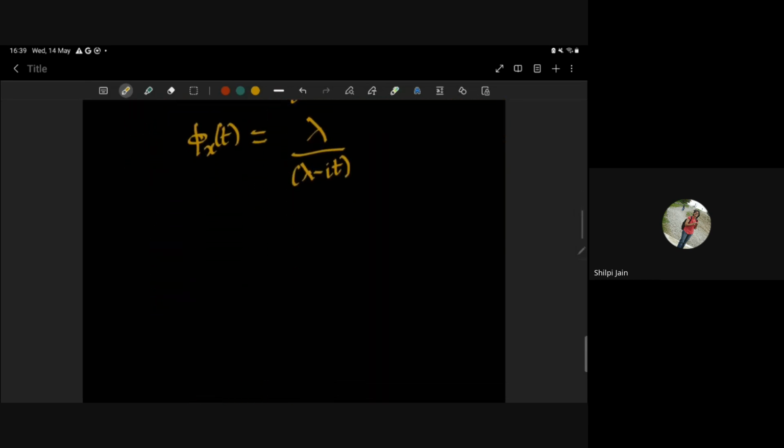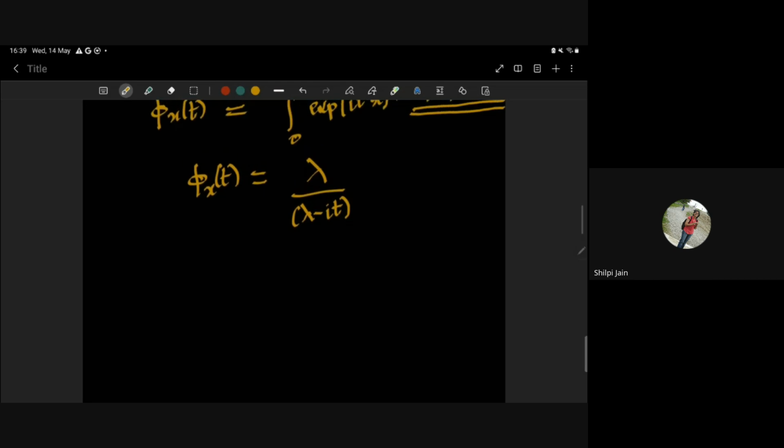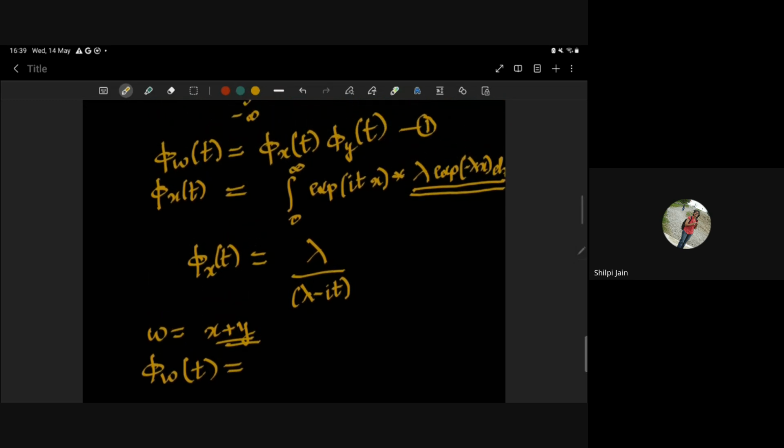So for two random variables characterized by the same lambda, writing W is equal to X plus Y, the characteristic function of such a variable, just using the property I wrote, would be lambda squared over lambda minus it squared.